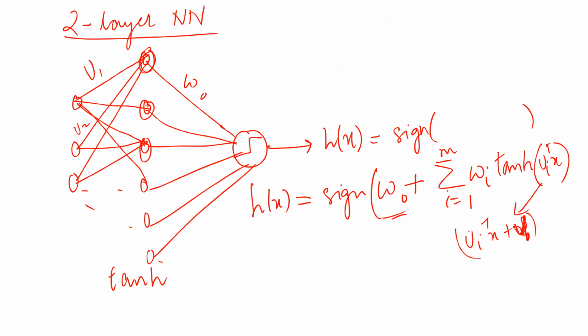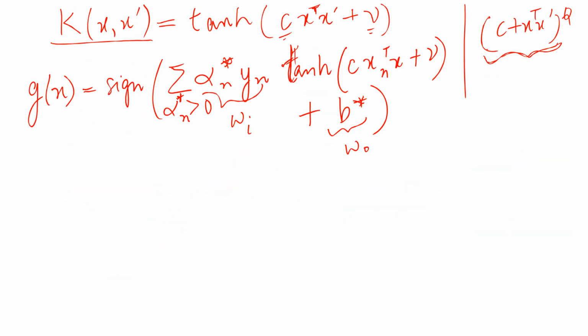And then we have this tanh of v i transpose x plus v0. If you focus on this term, v i transpose x, and we go back and look at this, c x n transpose, it's a vector that's multiplied by x, and my v i transpose x is doing something similar. And my nu is some constant, which, like we decided, my v0 is also doing something similar.